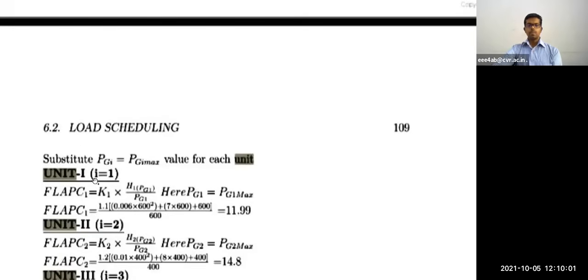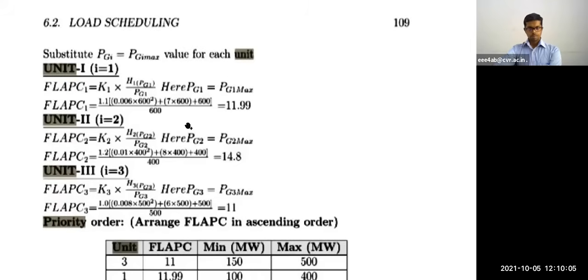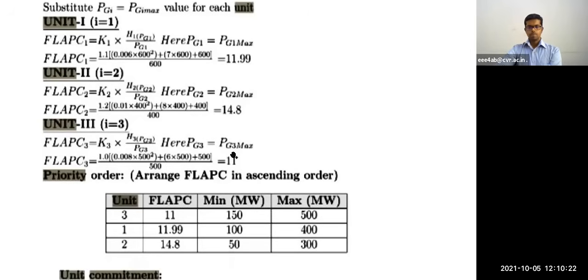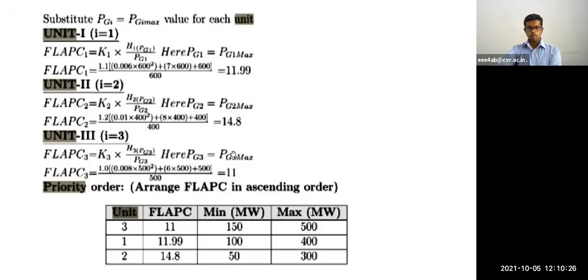So for the first generating unit, you need to substitute PG1 equal to PG1 maximum. That is 600 megawatt. Sorry, yes, 600 megawatt here.